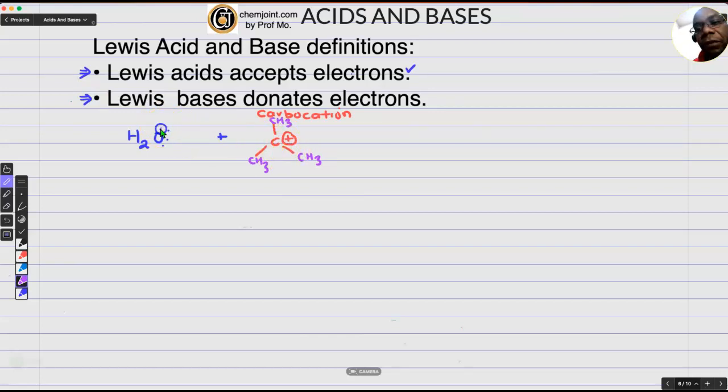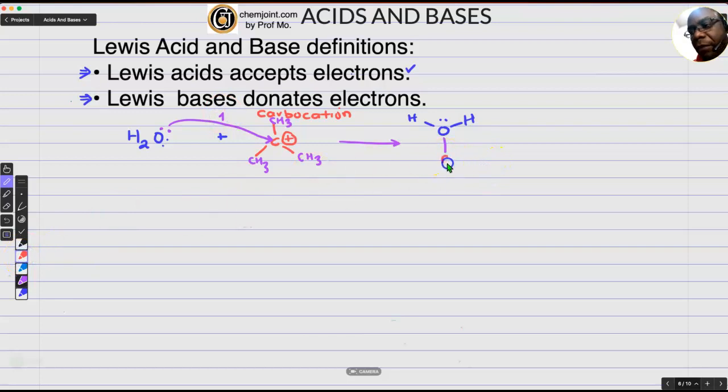So we will use the lone pair on water to make the 4th bond around the C+. So when we do that, we are making a bond between the oxygen and the carbon, and I will draw the water molecule here that used its lone pair to make a bond, which is what I'm suggesting in purple, that arrow right there.